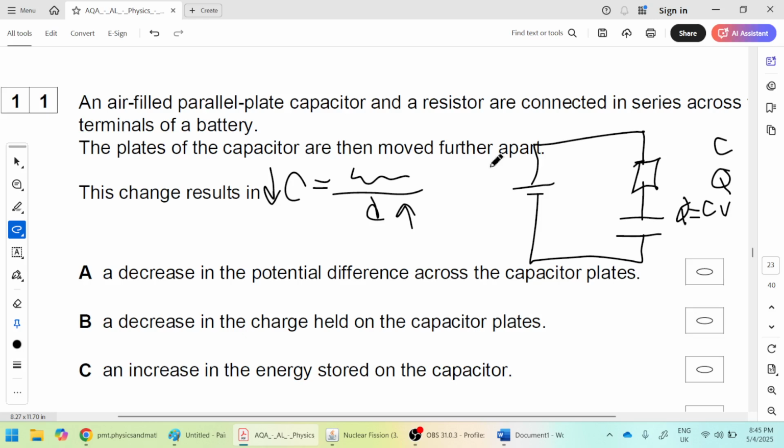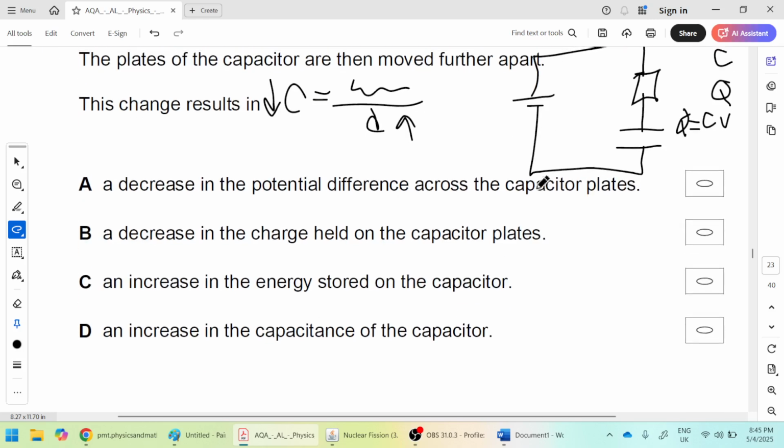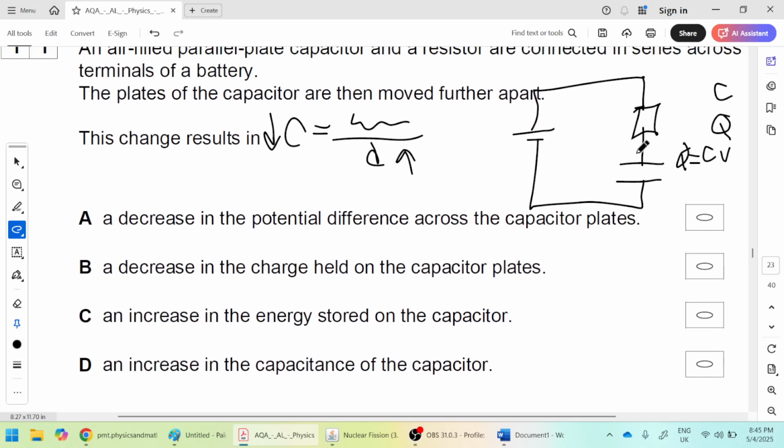Okay. Right. From what I know, when you change the capacitance of something, it changes the voltage across it on an instantaneous basis, which causes charges to flow. But after that, the current stops flowing.